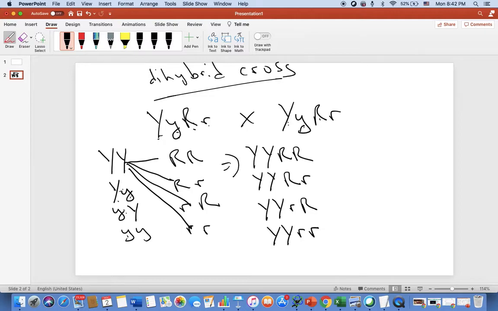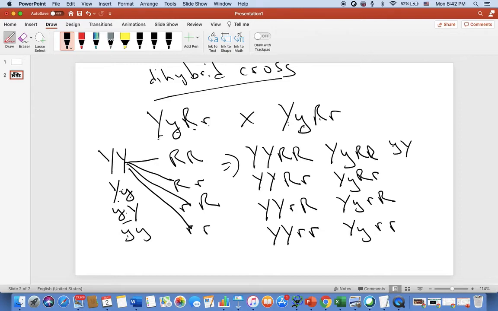This is one set. You do the same thing for the others. That's the second set. The third set would be this one, this combination. Let's just write this all the way down.